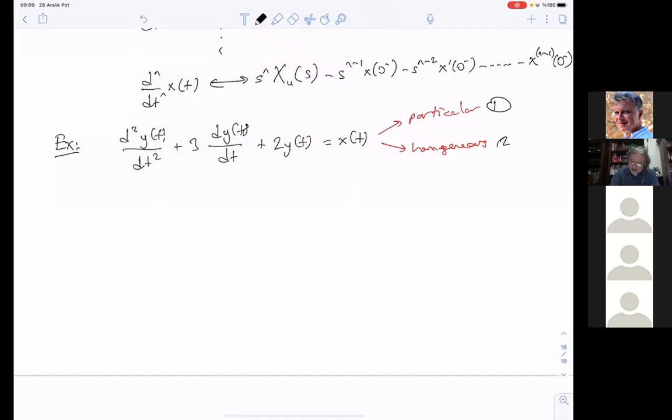So these two parts correspond to essentially, let's say, part 1 and part 2. Part 1 corresponds to 0 initial conditions, but there is an input. So let's solve it that way first. And these two parts will not touch one another. And when you combine those two parts of the solution, it gives you the complete solution.